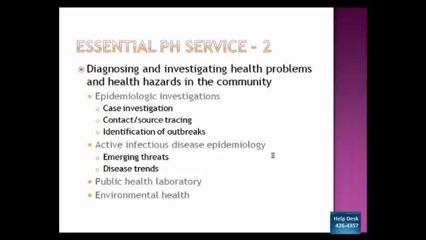But in this context, we're talking about case investigations, and I just started to talk about this on the last slide. So one thing we do is we have this list of like 60 diseases in Idaho, and it varies by state, but in Idaho we have about 60 that we monitor.